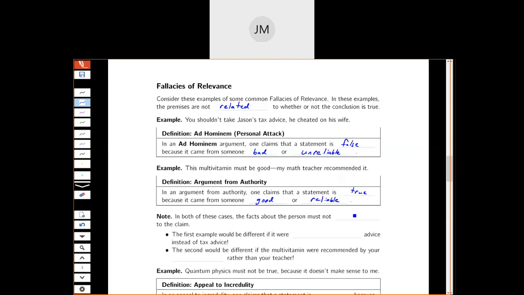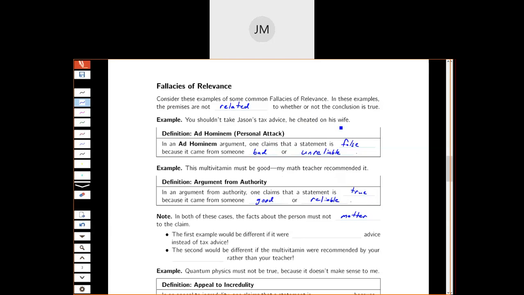In both of these cases, the facts about the person must not matter to the claim. So in the first example, if we said you shouldn't take Jason's tax advice, he cheated on his taxes, that's not a personal attack. Cheating on your taxes is relevant to tax advice.